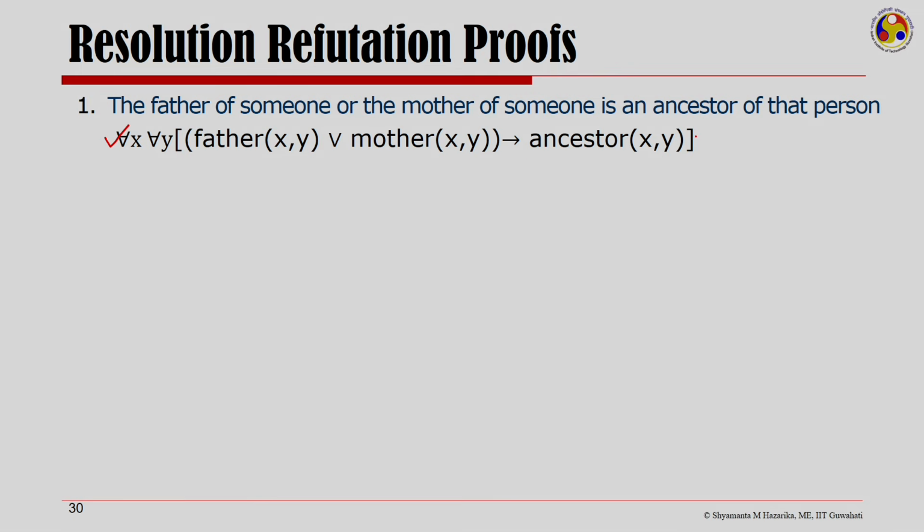In order to convert this to clausal normal form, you have to eliminate the implication. So, we replace P implies Q by not P or Q, and then you take this negation inside and distribute over the or.